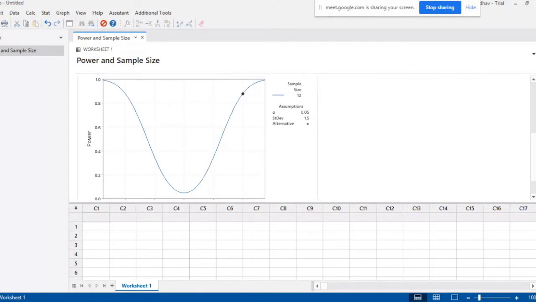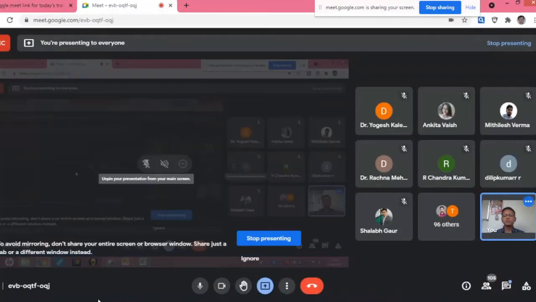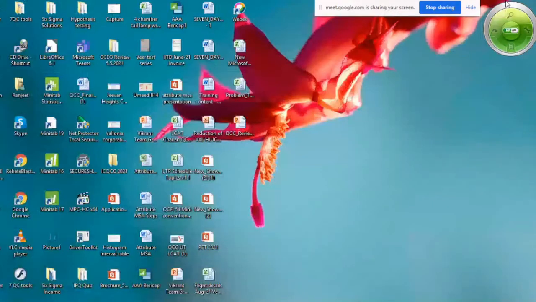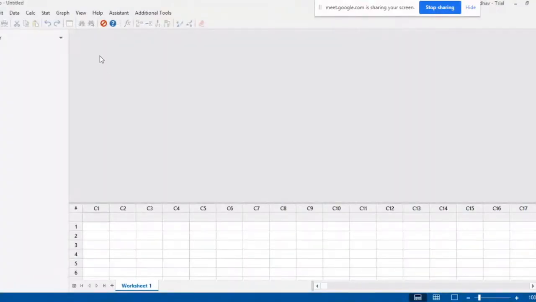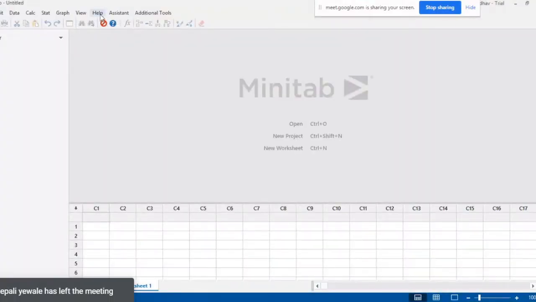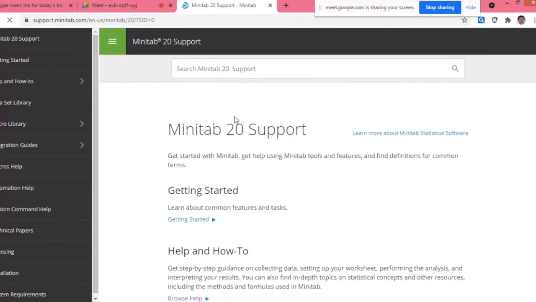Parik sir, is it okay? Fine, sir. Hello? Fine. You carry on, sir. Fine. Yeah. So open your Minitab and go to the Help menu. When you click on the Help menu, you will get this.